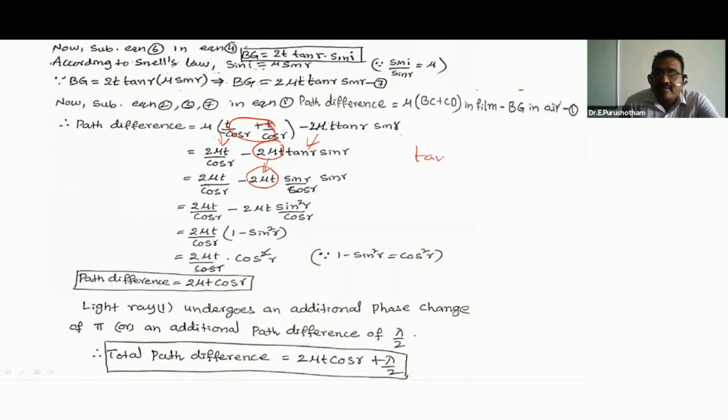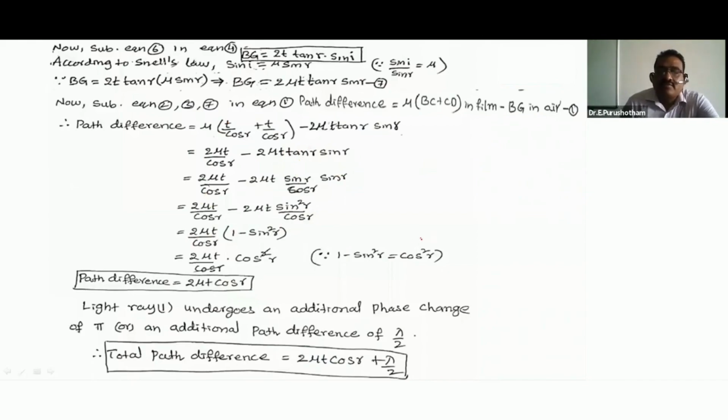What is tan R? Tan R is equal to sin R by cos R. So remaining same: 2 mu T cos R minus 2 mu T sin R into sin R, that is sin square R by cos R. Taking common factor 2 mu T cos R, the remaining is 1 minus sin square R. What is 1 minus sin square R?